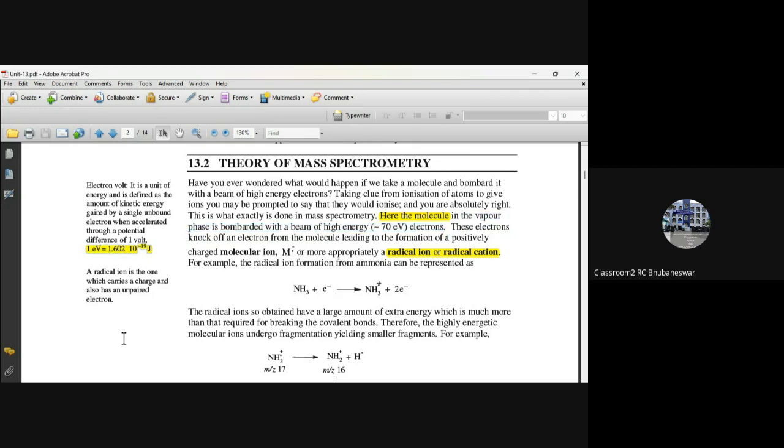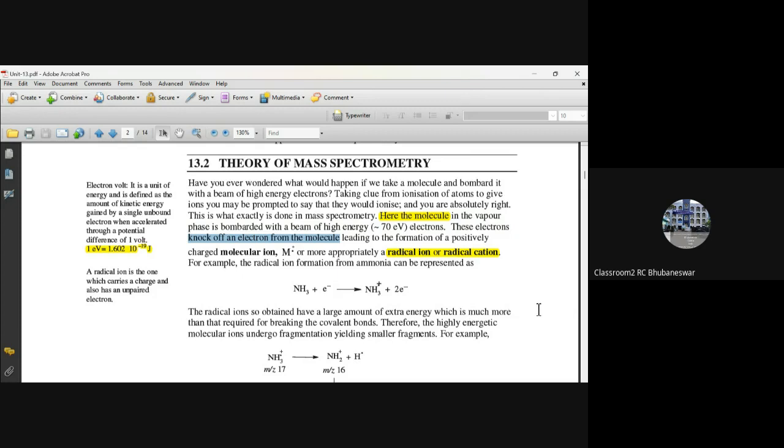You can see 1 electron volt is 1.6 into 10 power minus 19 joule. Then you can imagine how much energy you need to get a spectrum. So these electrons knock off an electron from the molecule.